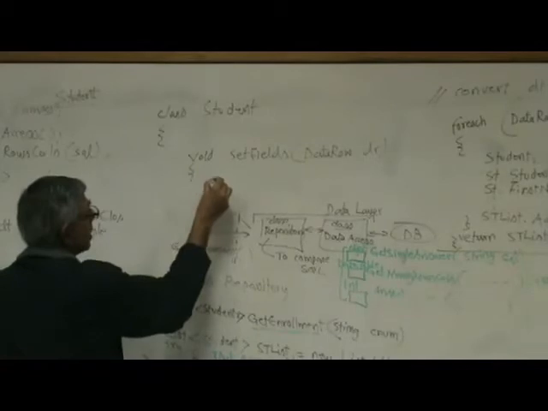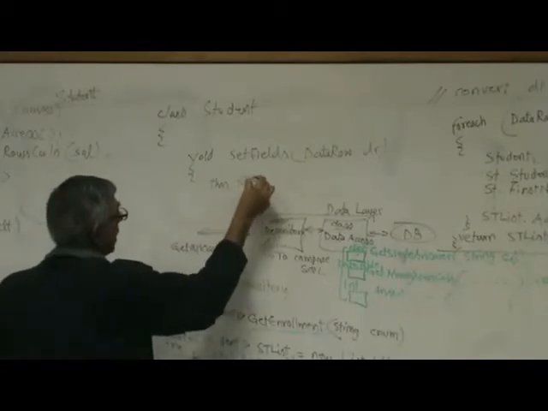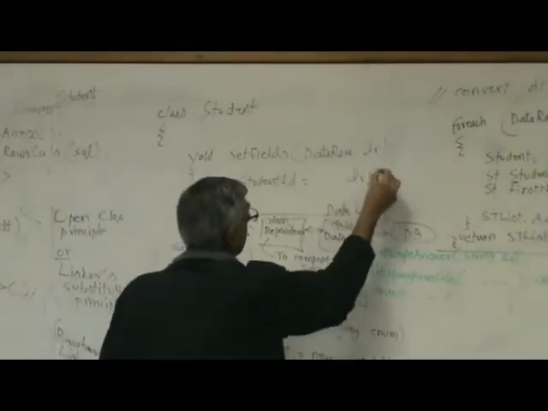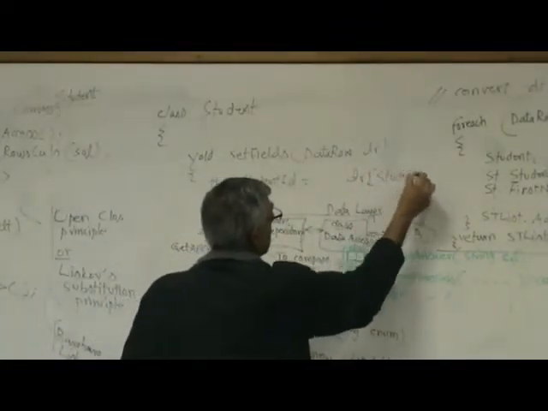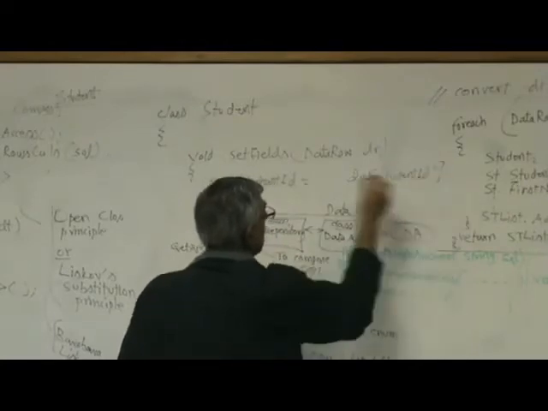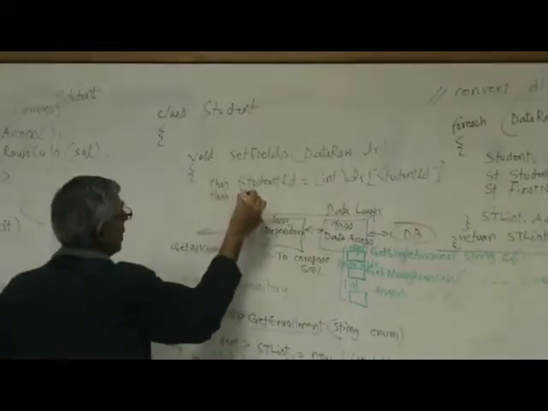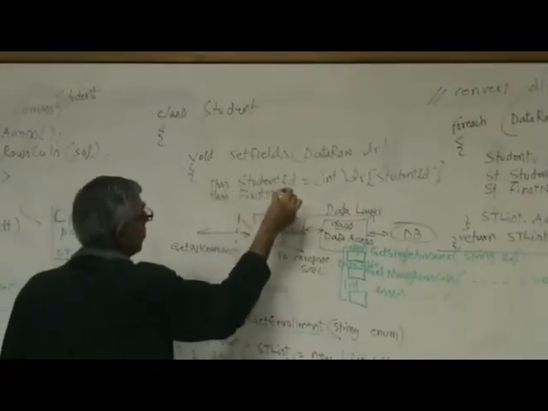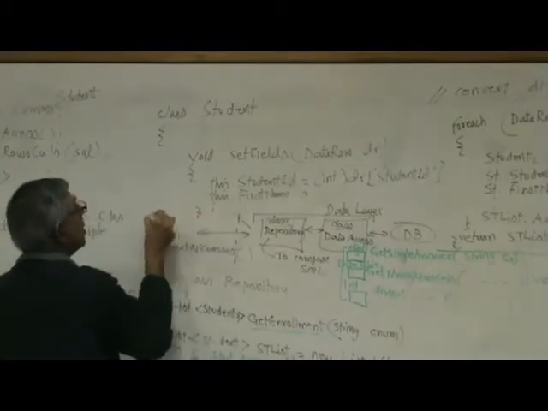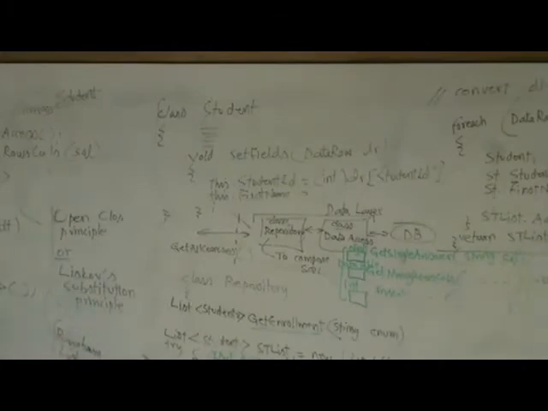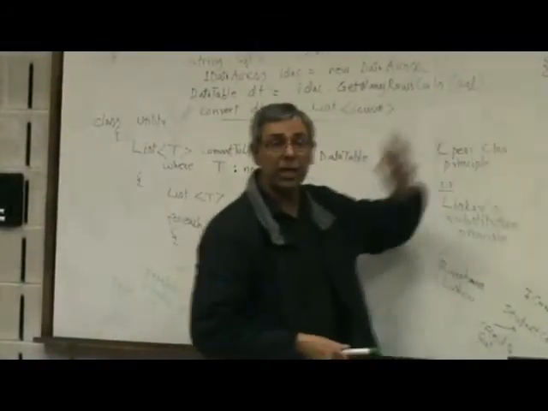It will say this.studentID equal to dr of studentID, typecast to an int, and then this.firstName and so on. So in addition to all the 5 fields, you will add this extra method over here, right? So once we did T1.setFields, you will see this will end up populating it.